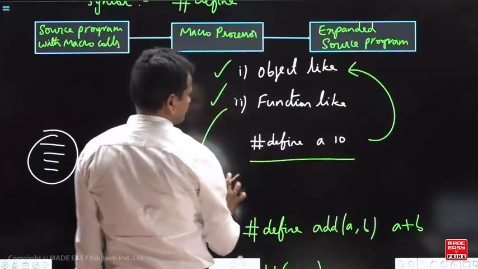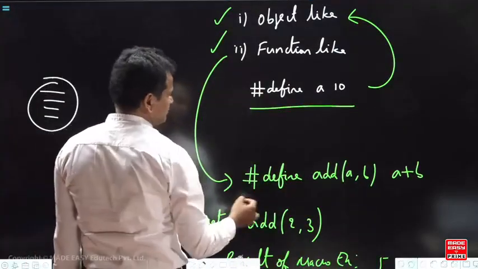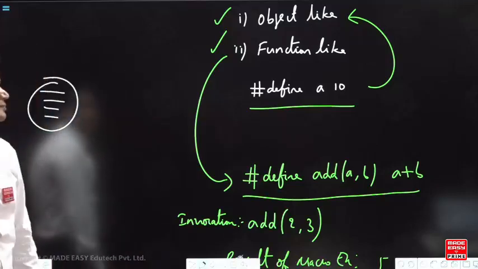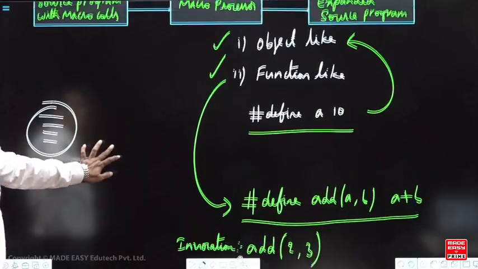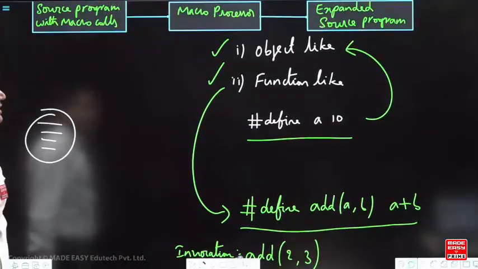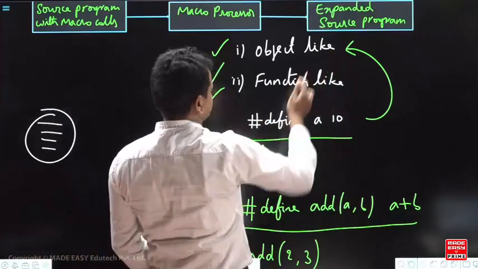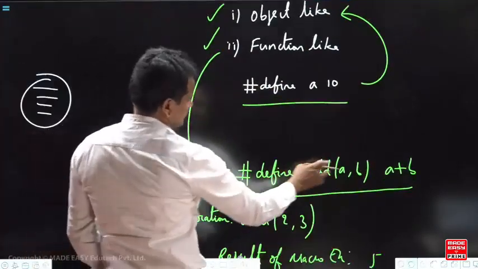And function-like macro, the example is this one. This is #define A 10, which is object-like.